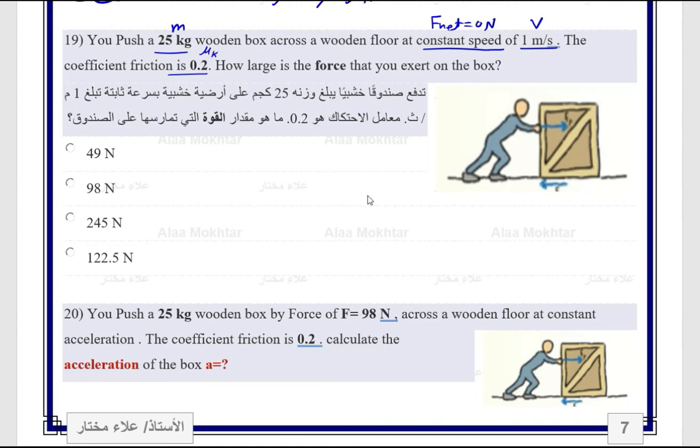How large is the force that you exert on the box? You push on this side with Fa or Fext. On the opposite side, there is an equal force. This force is what? Kinetic friction. They equal each other. Why? Because you push at a constant speed.